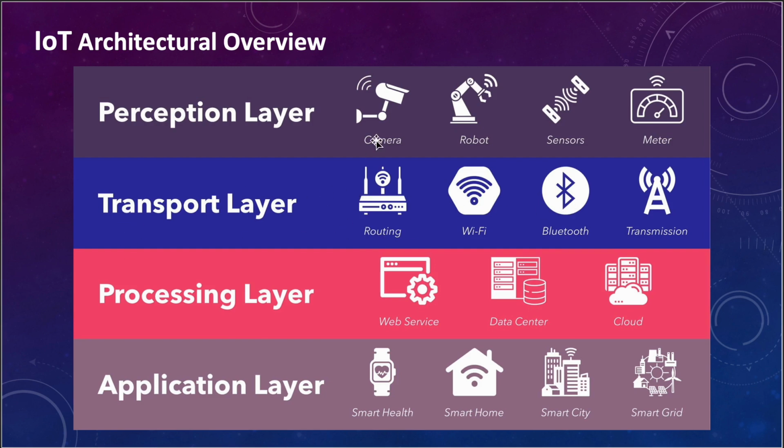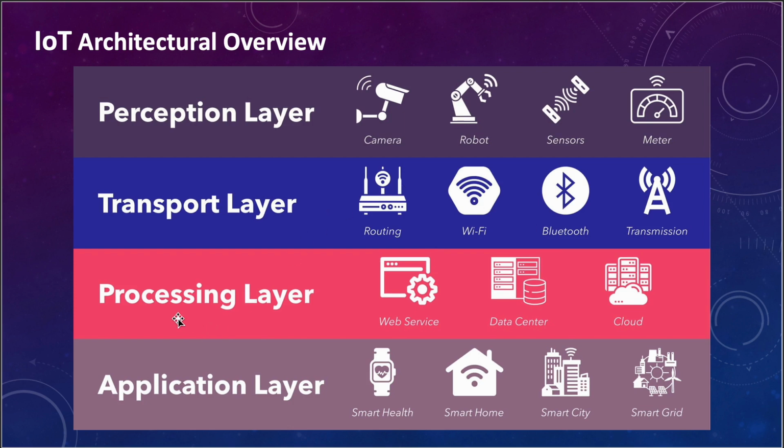Of course, when I say perception layer, that is not the only layer which has hardware components. The network layer has its own hardware components, from transmission towers to antennas for Wi-Fi, Bluetooth or cellular, right? They have their own routers, their core switches, access points, cabling, everything is there.